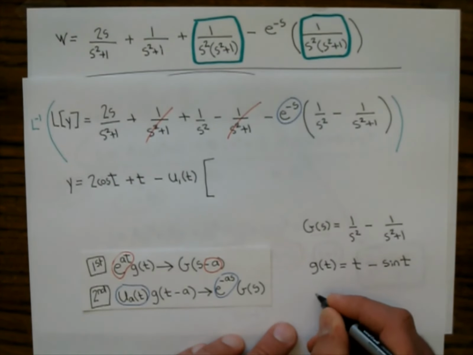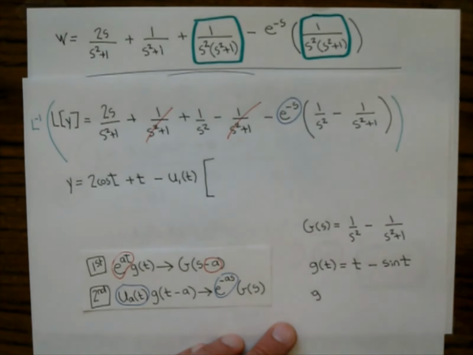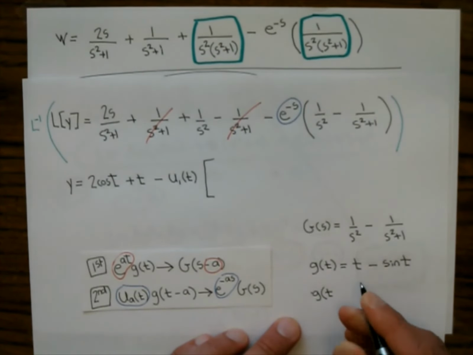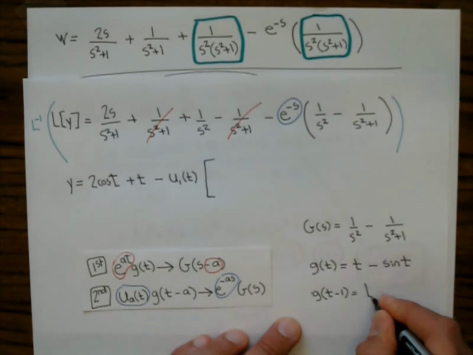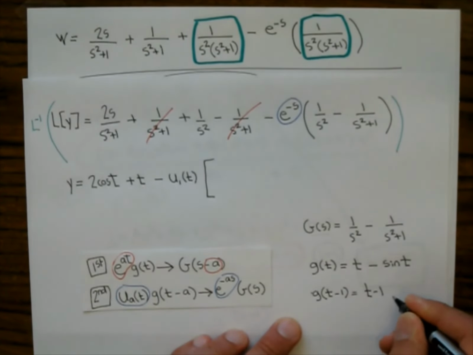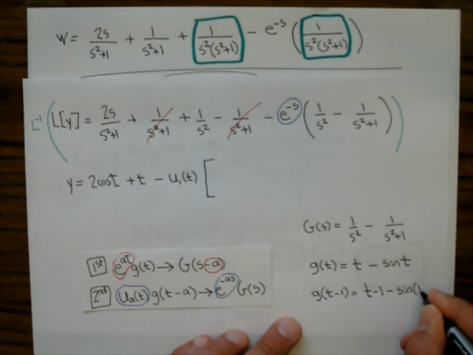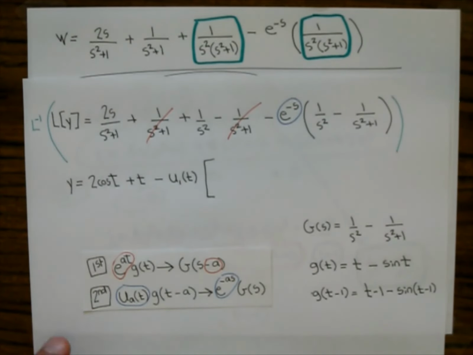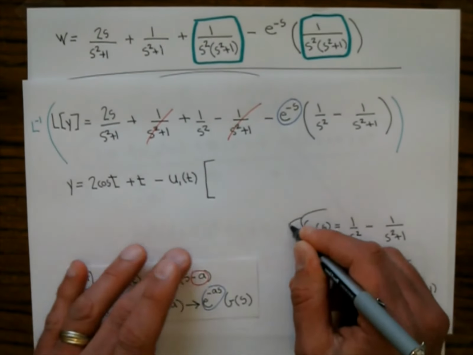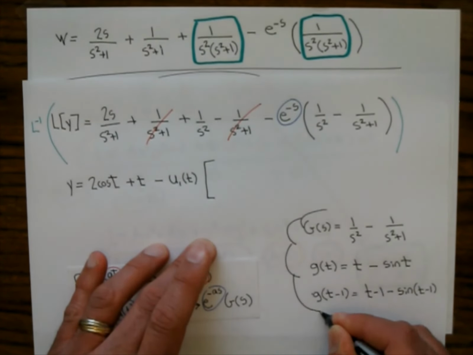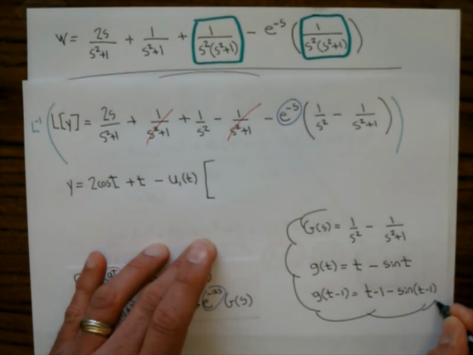And then I'm going to write g of t minus 1, which is t minus 1 minus sine of t minus 1. And so I'll put this in a cloud, just like I did the other one.